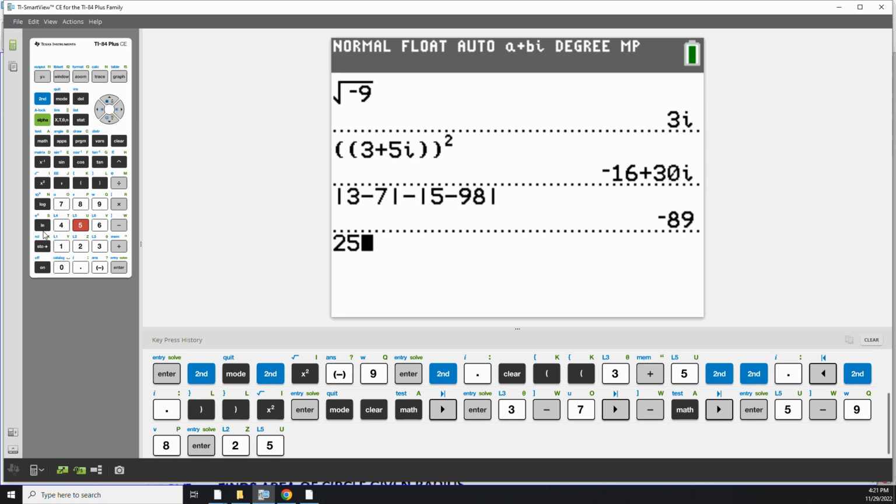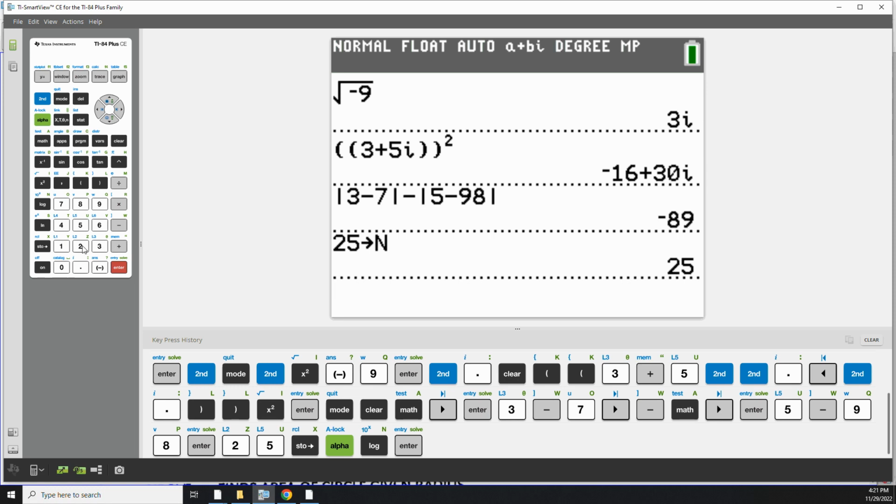N. So 25, store, and we're going to hit alpha N. The letters of the alphabet are not like a QWERTY keyboard. They're A, B, C, D, E, F, G, H, I, J. You got it? Guess what the calculator thinks, everybody? It thinks that N is 25.